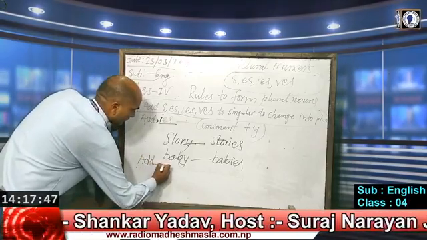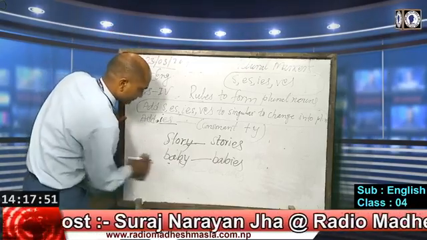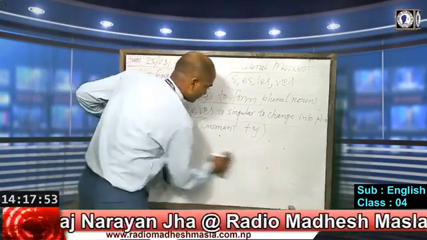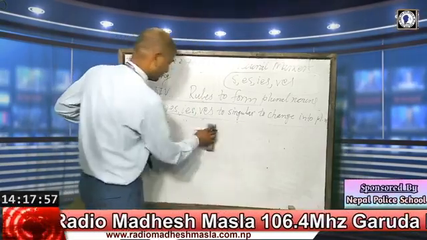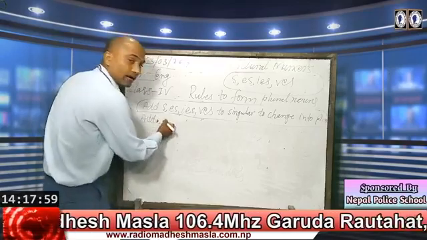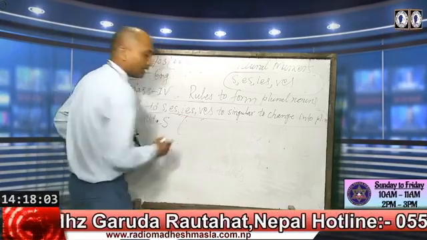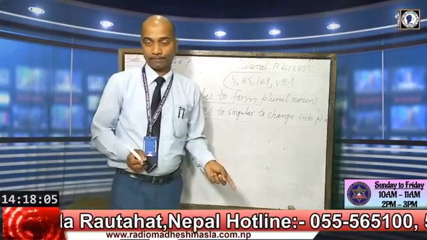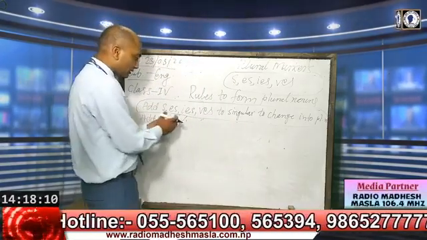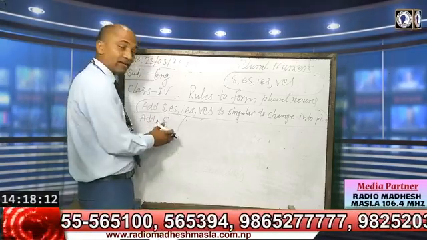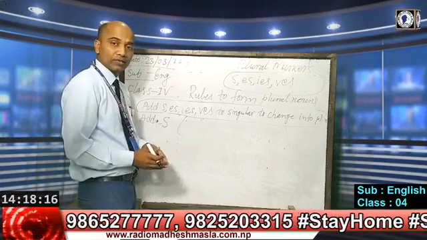Add S. Add only S when there is vowel plus Y. Be clear about this. This is a little bit complex and can make you confused, but do not get confused here.